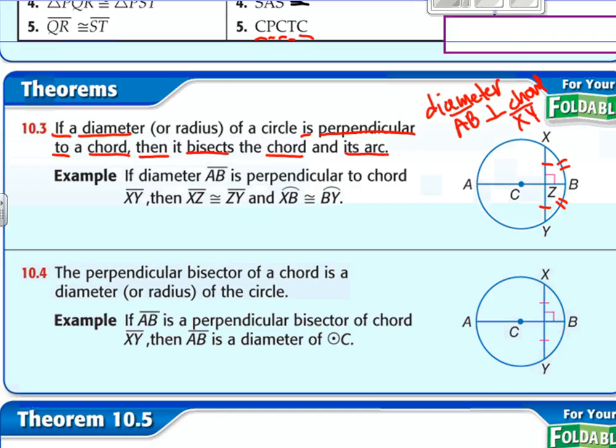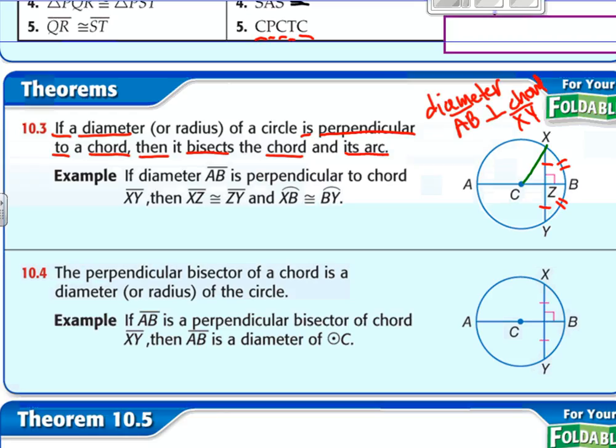As a matter of fact, look at this picture in 10.3 and notice if I drew in CX, CX is a radius. So if I knew something about the diameter, I might know something about that radius. And if I draw in CX, it gives me a right triangle, triangle CXZ. On this first one, I'm going to ask you to draw in radius CX.